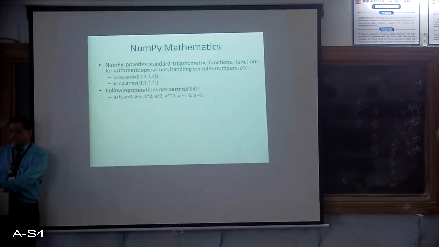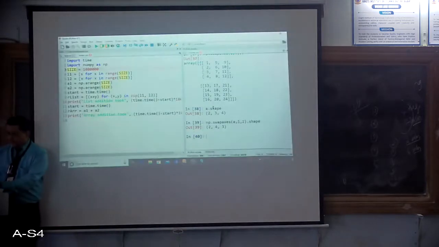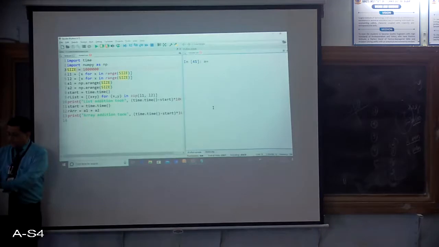That is, I can say A plus B, it returns me element-wise addition, A plus 2. You can add a constant to each. Like A equals np.array 1 2 3 4, B equals np.array 1 1 1 1.